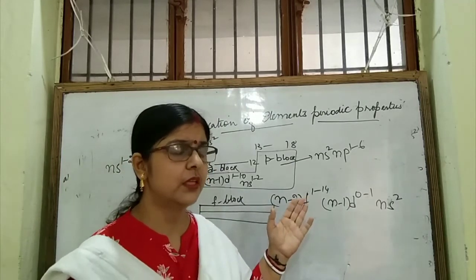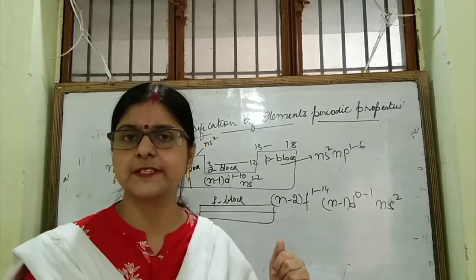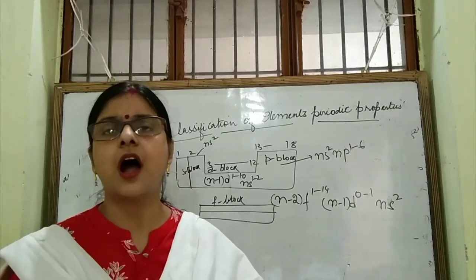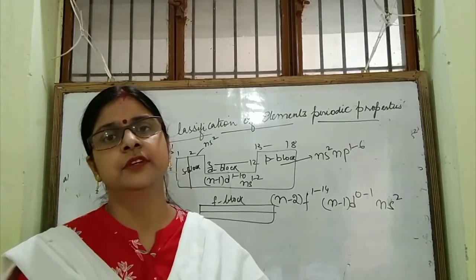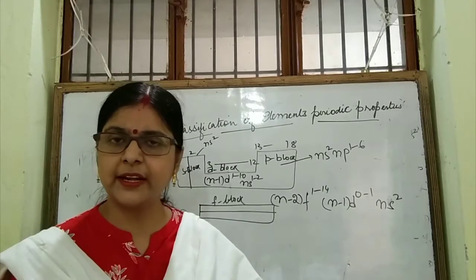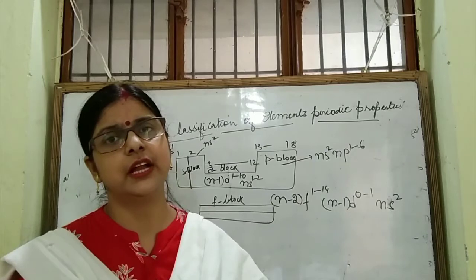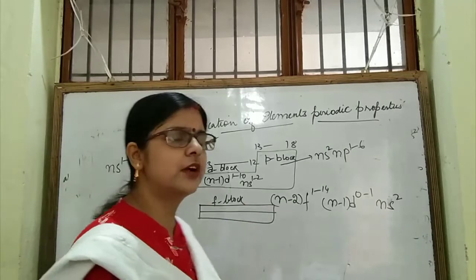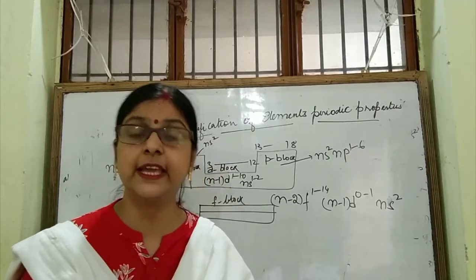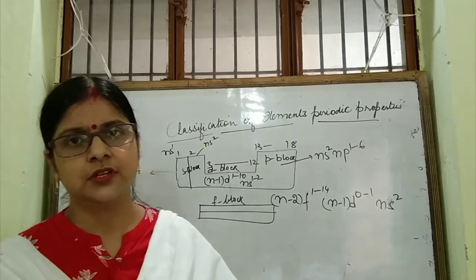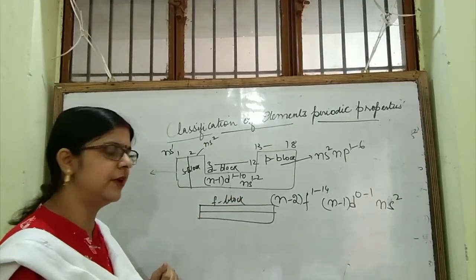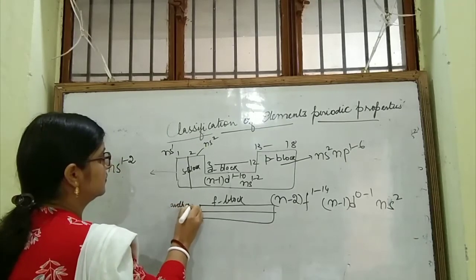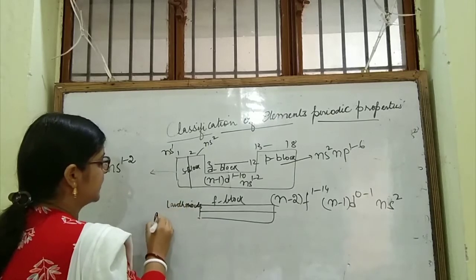Now, if you speak about the properties of transition elements, D block elements are good catalysts. They are generally paramagnetic. They generally form colored compounds. All these properties you can remember. And F block elements are also known as inner transition elements. There are 2 series of F block elements. One is known as lanthanides and another is actinides.